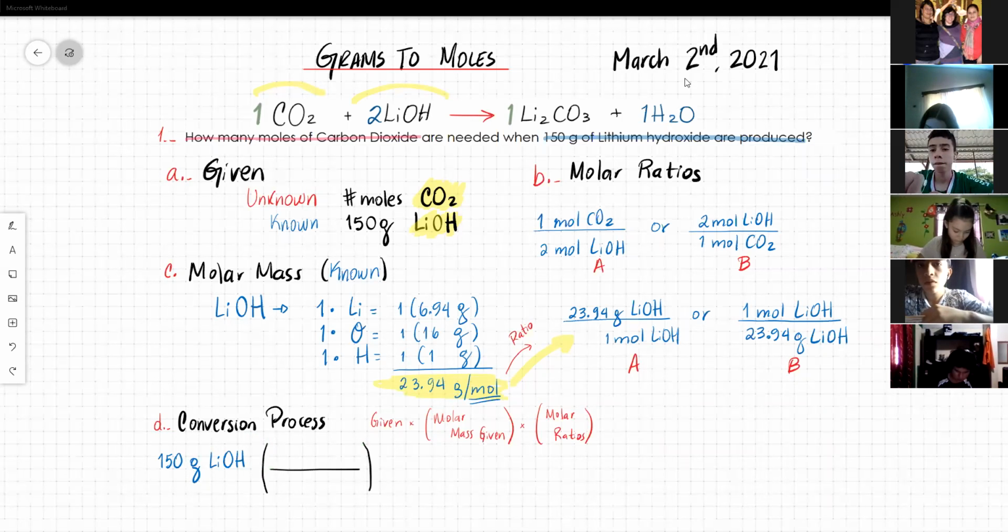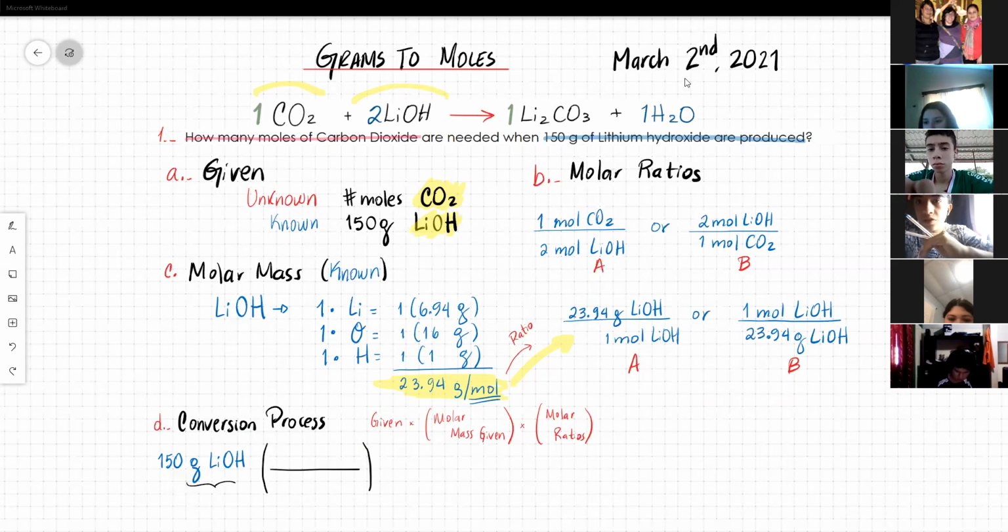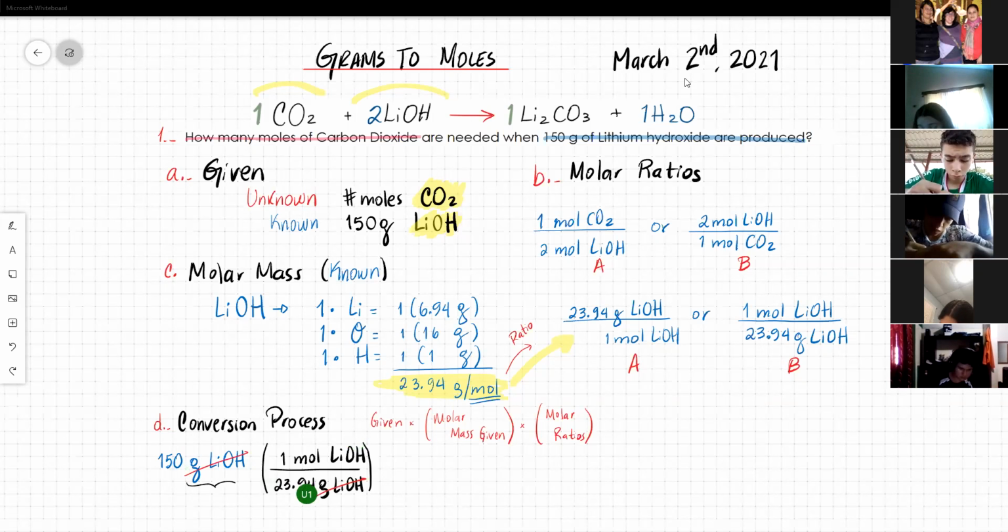If I need to eliminate the grams of LiOH, B. I have to multiply times B. So I'm going to write 1 mole of LiOH on the top and below the 23.94 grams of LiOH. I can cancel grams of LiOH with grams of LiOH, and I can continue with molar ratios.